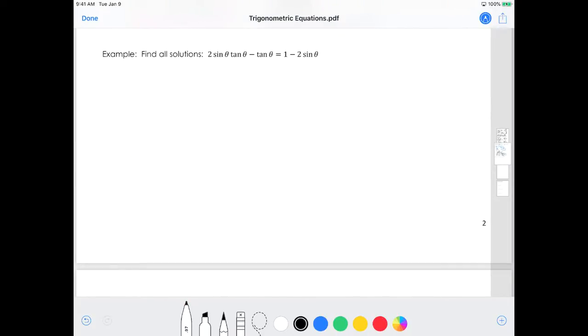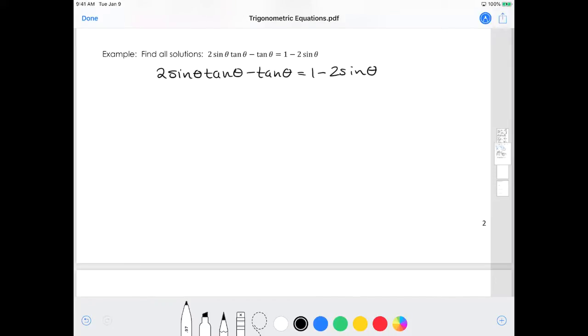Okay, now in this example, we have 2 sine theta tangent theta minus tangent theta is equal to 1 minus 2 sine theta. If we're going to solve this by factoring, we always have to make sure that we have 0 on one side and everything else on the other.